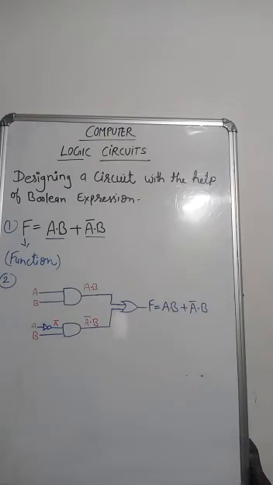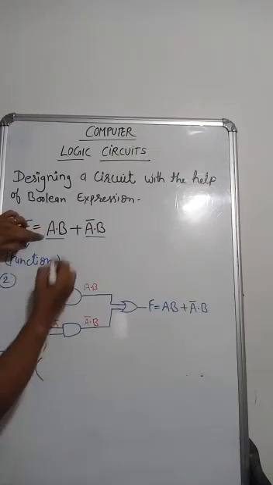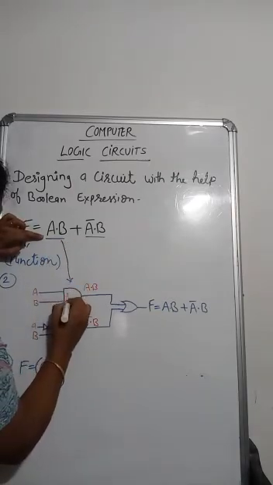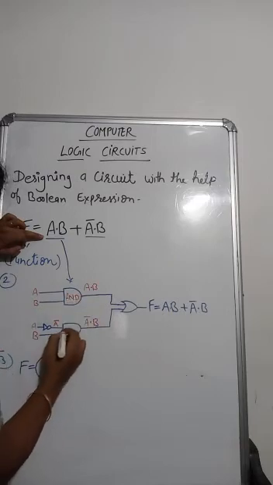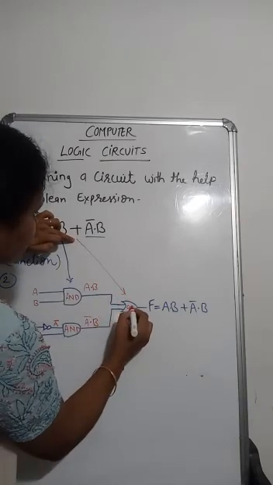One thing more, here Boolean expression. Okay, Boolean expression. F equal to A dot B plus A bar dot B. Dot B means this AND gate, this one is the AND gate, and plus means OR gate.